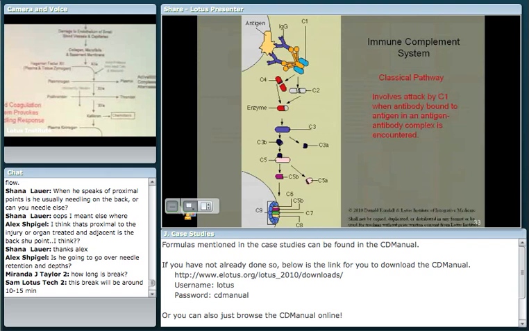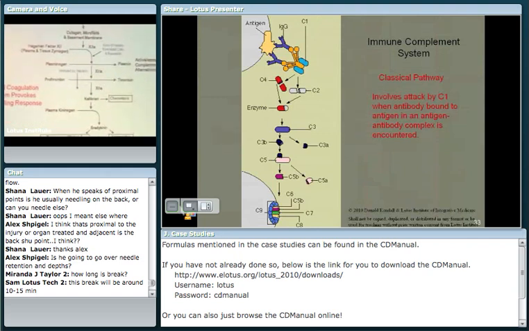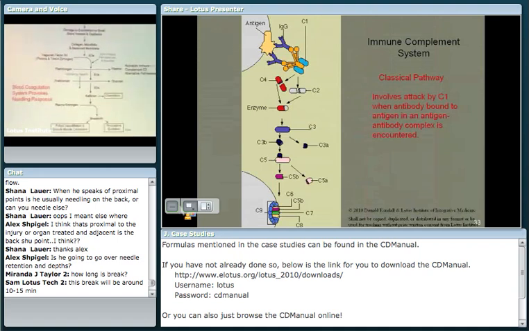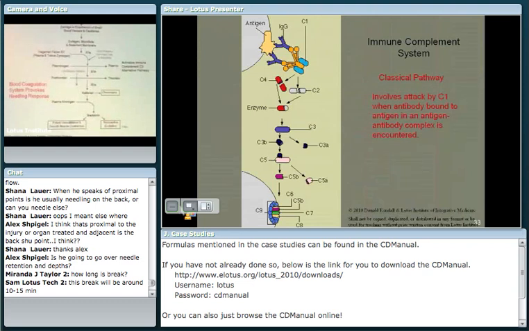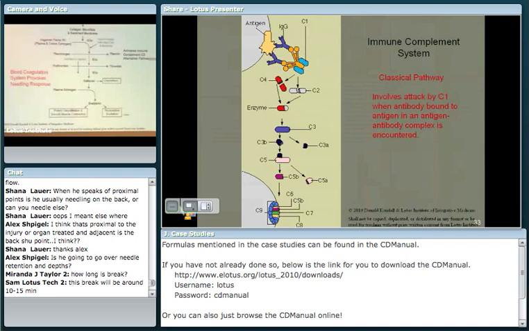But then kallikrein is produced, and plasma kininogen is activated, producing bradykinin. Bradykinin excites the nociceptive nerve, and it promotes vasodilatation and smooth muscle contraction. So this is how all this stuff boils down.